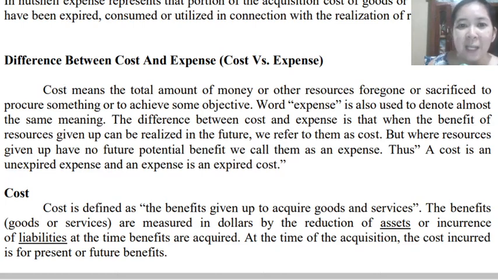Costs are the amount of money or resources spent that will have a future benefit, while expenses are resources that were also used but have no future benefit. That's why they are recognized in the period in which they were incurred. Thus, a cost is an unexpired expense, and an expense is the expired portion.